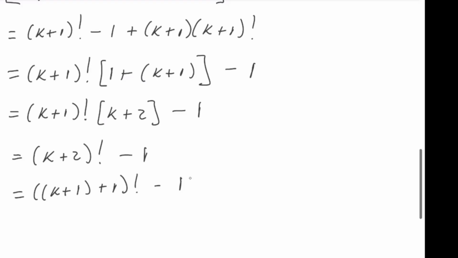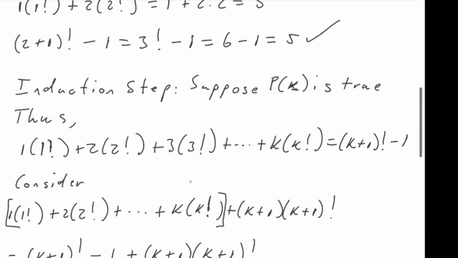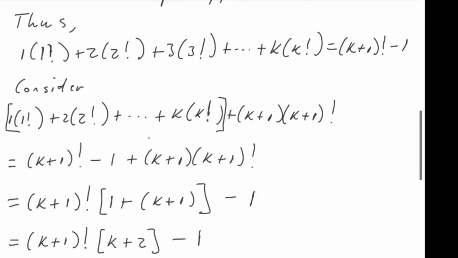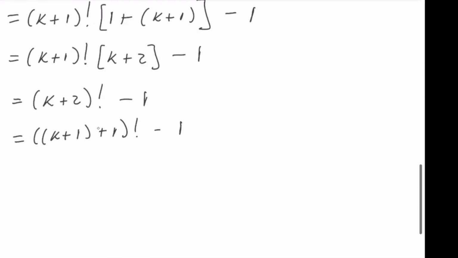And then to make it exactly the way we want, this is the same thing as (k plus 2) factorial minus 1. So we're able to show that assuming that this sum is equal to (k plus 1) factorial minus 1, the sum up to the (k plus 1) term is equal to the formula if you plug in k plus 1.